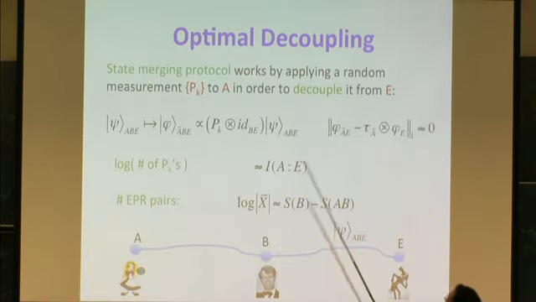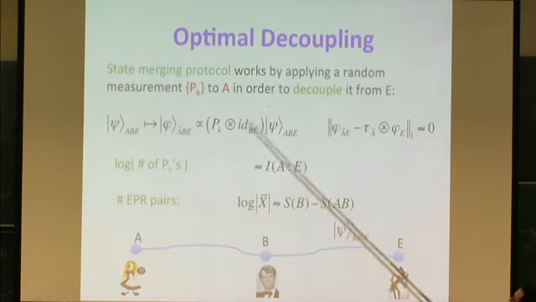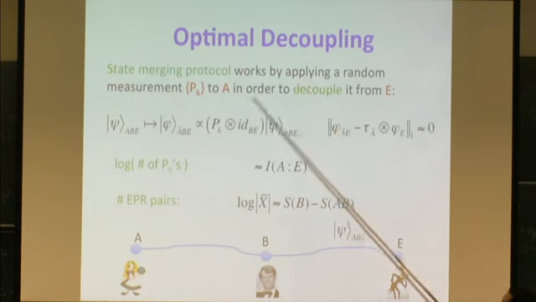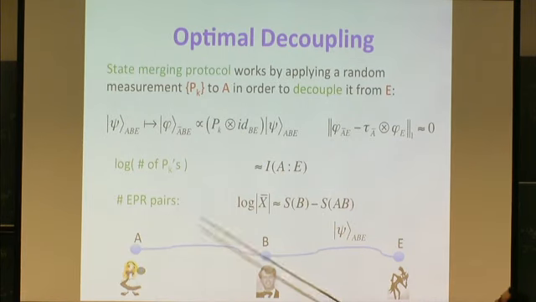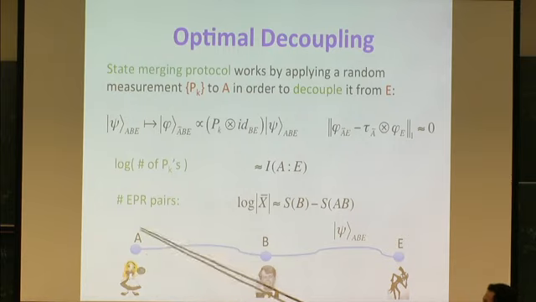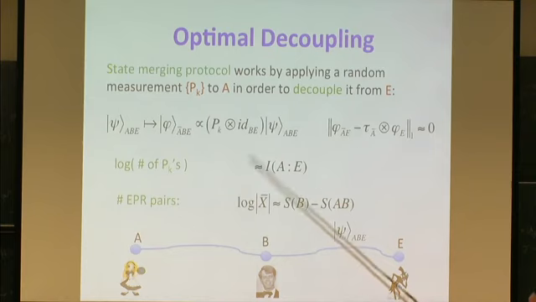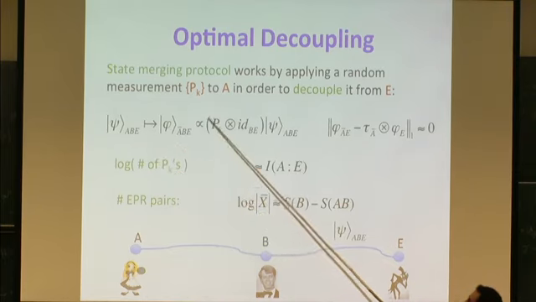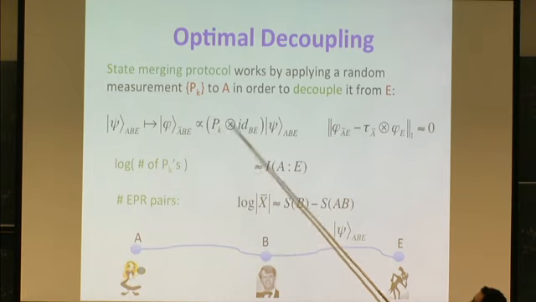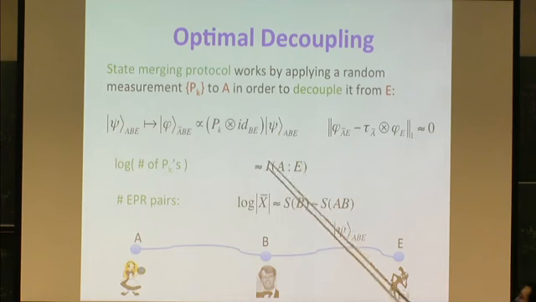Just some equations: state merging works by applying these random measurements. These are the measurement operators P_k on A. We apply this P_k on A such that we try to decouple A from E. After the measurement, psi gets mapped to some phi, which is proportional to applying P_k to the A part of psi.